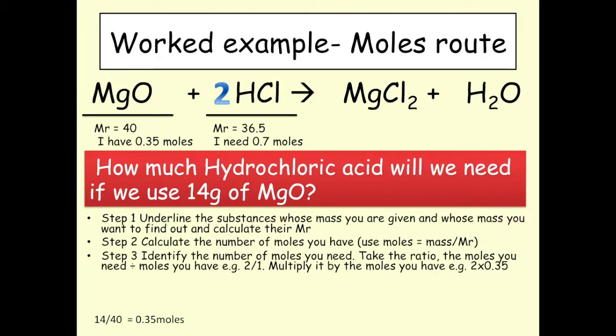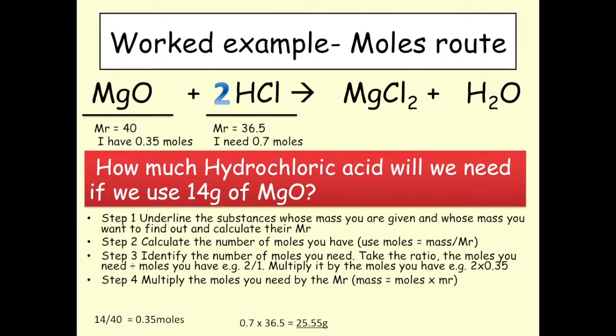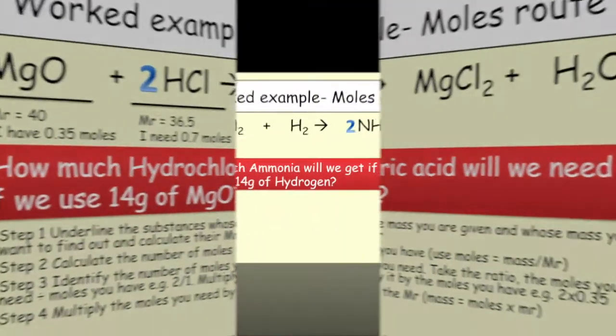The way we do this is just bring out the same equation again, moles equals mass over MR. This time we're going to rearrange that equation, and the rearrangement is going to be mass equals moles times MR. So that's going to lead to 36.5 times 0.7, which is going to give us the answer in grams of 25.55 grams, and that is the answer.